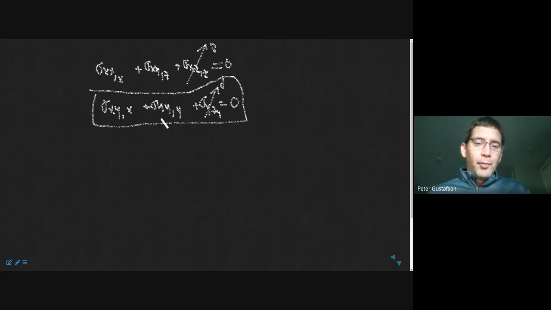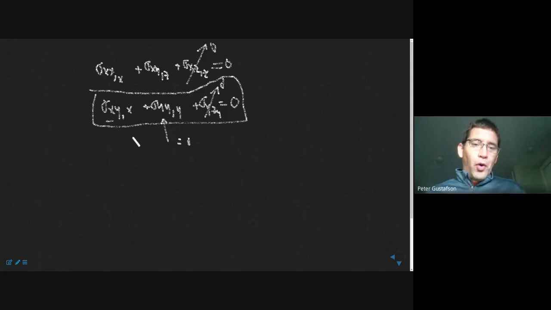Why? Well, because what do we see? We see that sigma yy comma y is present in this equation. This is the change in the y stress as a function of the y position. Well, if sigma yy is 0 in all cases, then this has to be equal to 0. Therefore, this one has to be equal to 0.